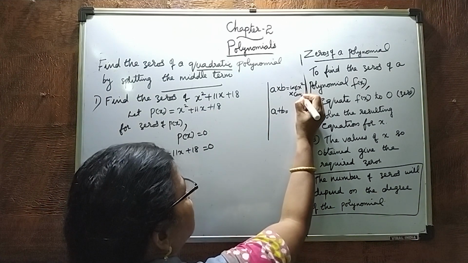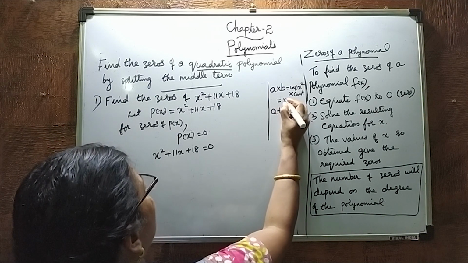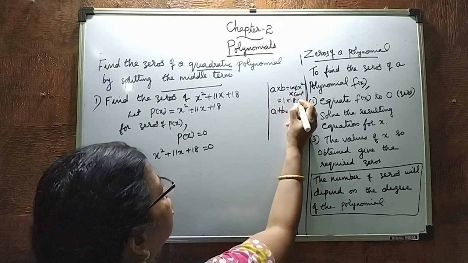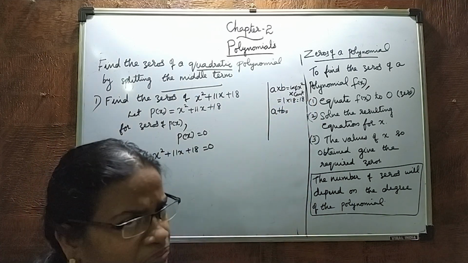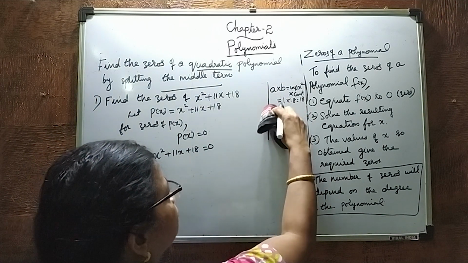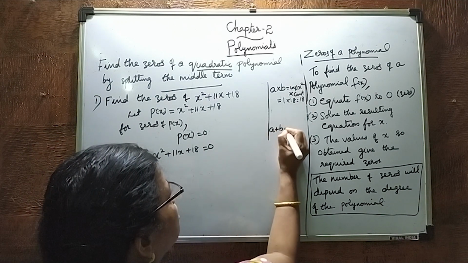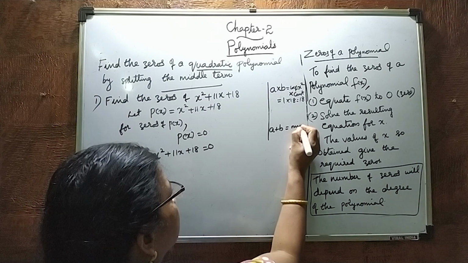You have to find what answer you will get. Coefficient of x square is 1 into 18, you will get the answer 18. Next thing is a plus b you have to find out. So what is a plus b? A plus b is the middle one.